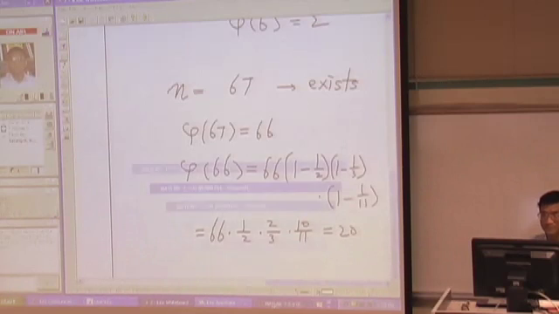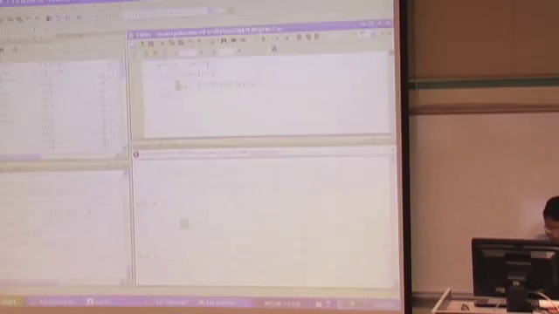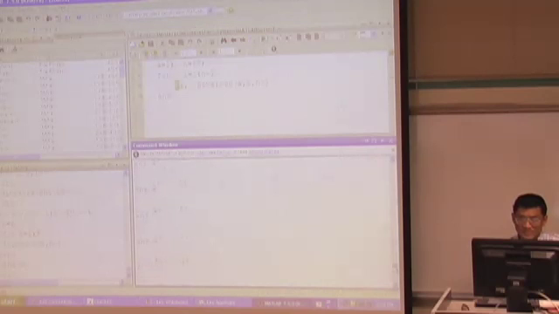67, and then I will start with 2. So let's run it. 67 was the case, right? So the first thing that we can see is 1, right?